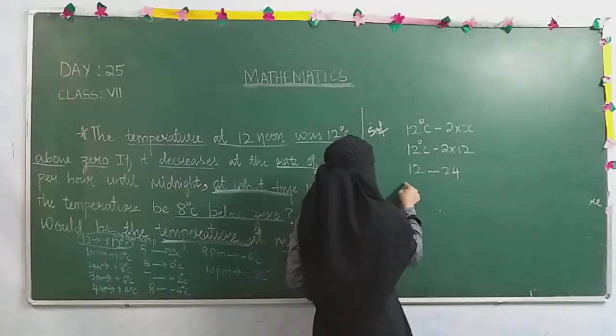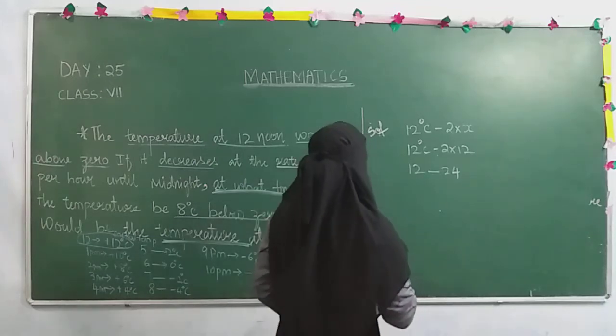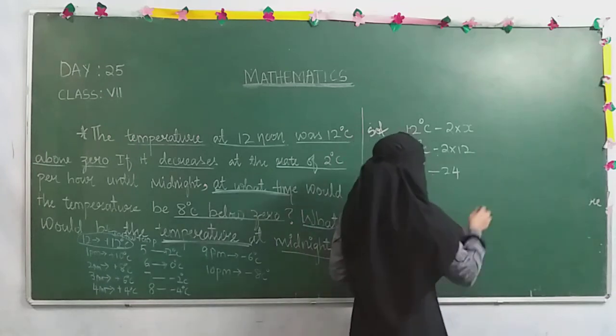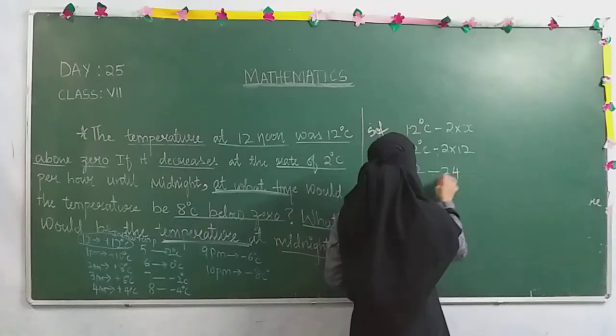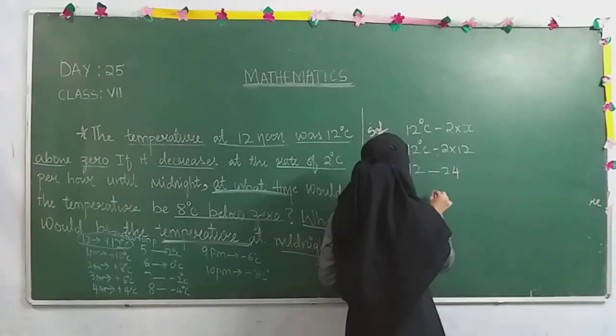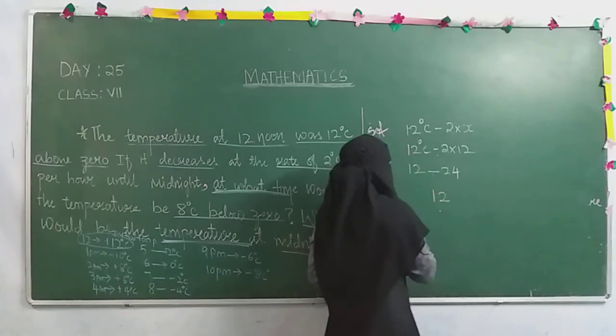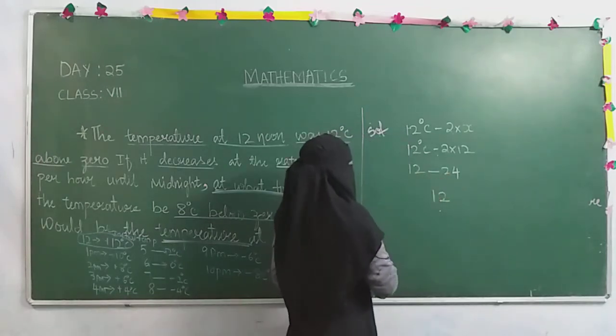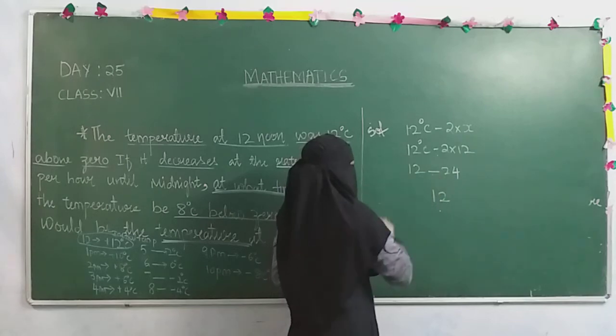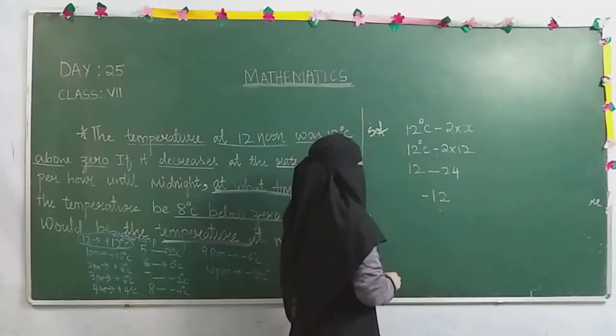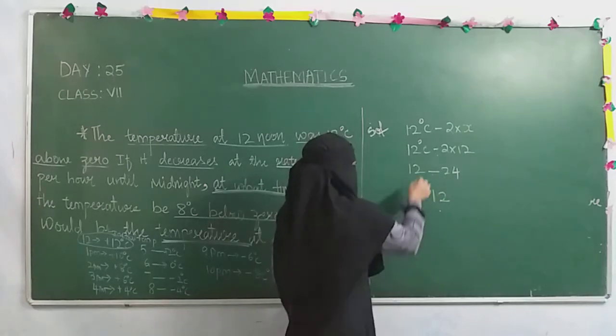Yes, exactly. 24 minus 12 is nothing but 12. If you don't know how to subtract, you can do it in the rough column also. And when you are subtracting 12 minus 24, what is happening? The bigger number has the minus sign, so we need to write minus in the result also.